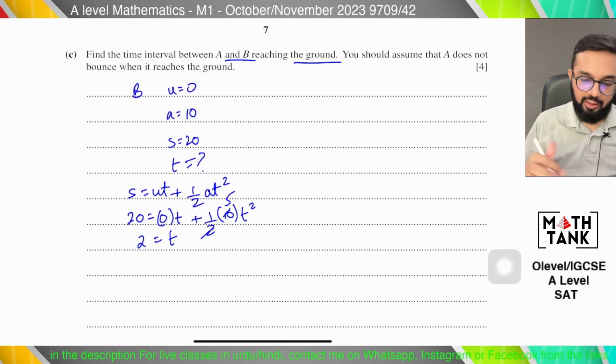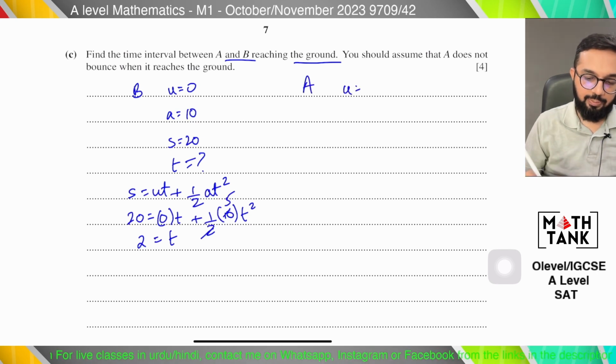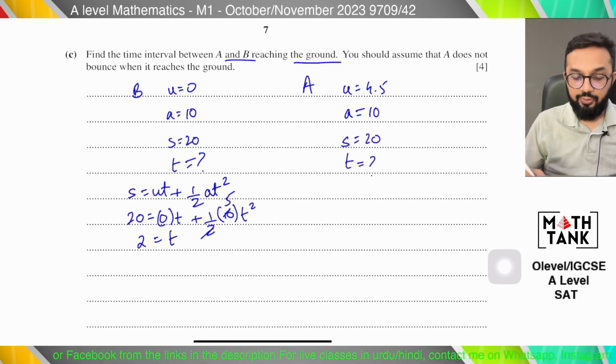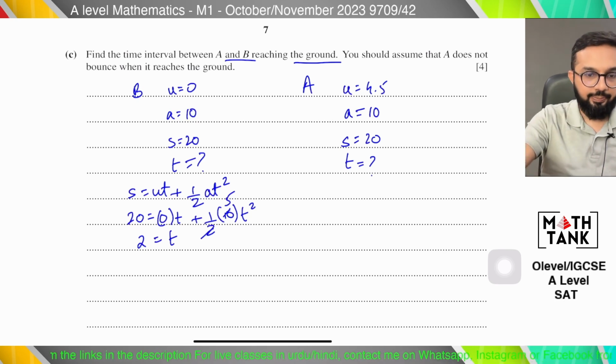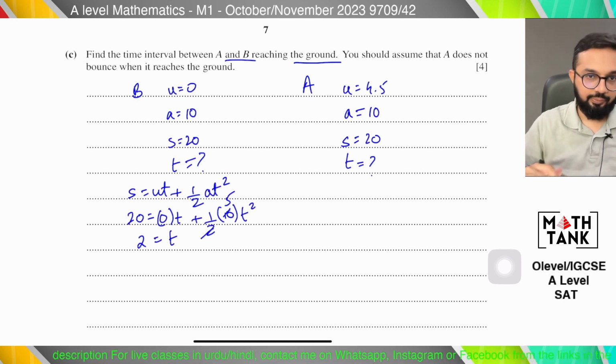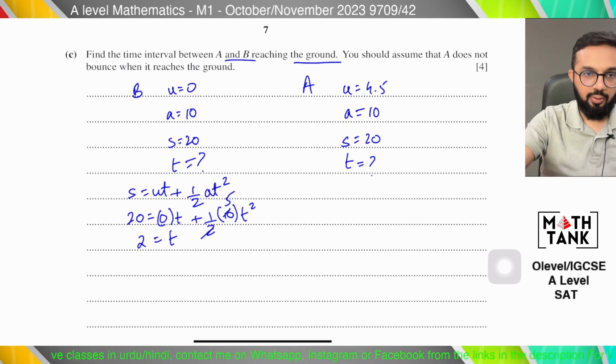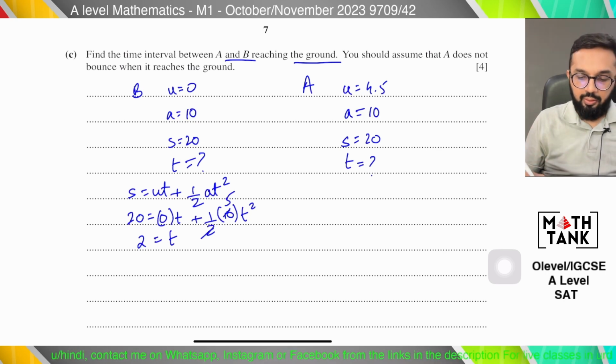Then for A, it started moving with the speed of 4.5. It should have an acceleration of 10 as well. It's going to move a distance of 20 meters as well, and the time is unknown. So let's do that then. s equals ut plus half at squared.